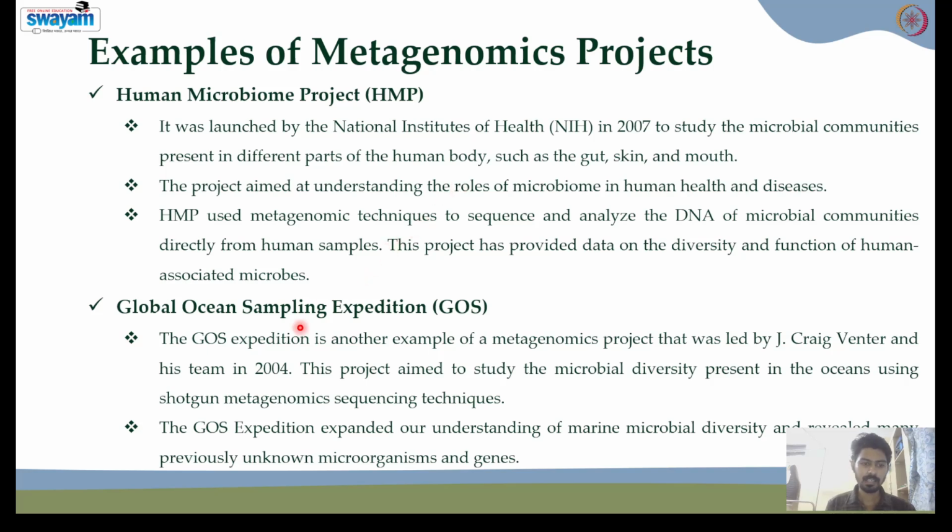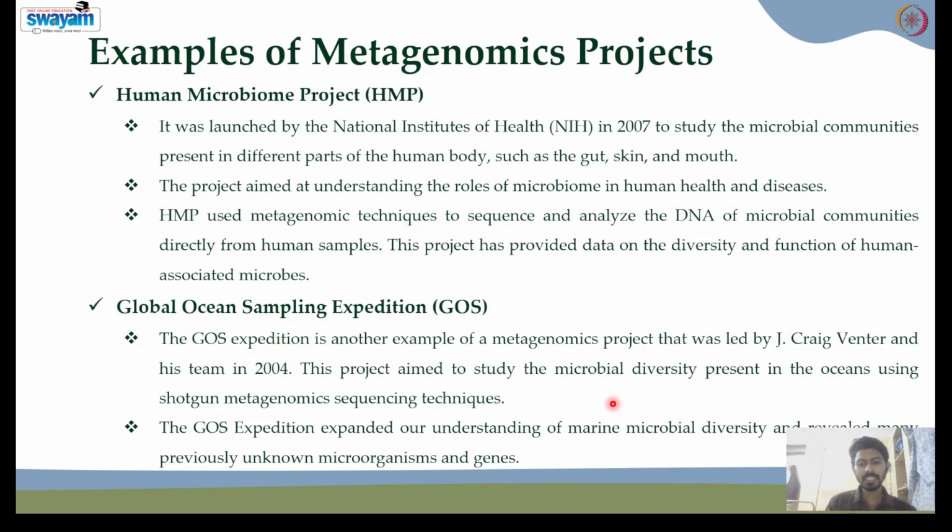And the other classical example is the Global Ocean Sampling Expedition. It is one of the projects that was led by Craig Venter and his team in 2004. And this project aimed to understand the microbial diversity, especially in the ocean region, in the marine region, where they used a shotgun metagenomic sequencing approach in order to sequence the whole microbial community that is prevalent in the ocean system.